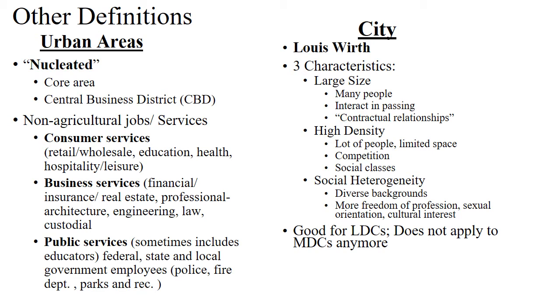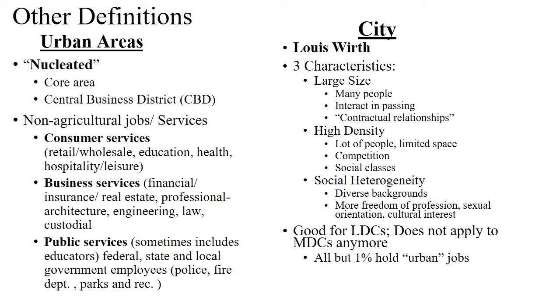Now, Wirth's ideas today still apply in a lot of ways, but are definitely more applicable to LDCs than to MDCs. As typically most people in MDCs hold more or less urban jobs in the secondary or tertiary sector, and very few people at all in MDCs work in agriculture anymore, right? Just 1 or 2% in the United States are involved in agriculture.